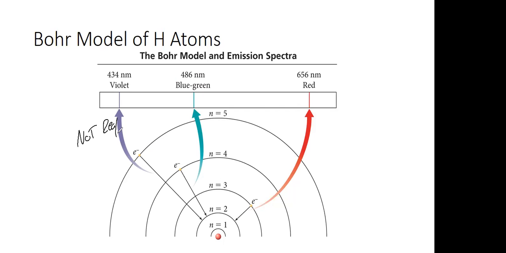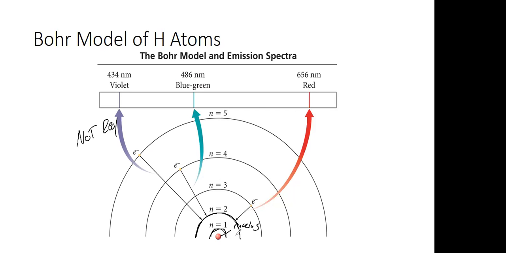But what the Bohr model of the atom is that in the center, you have your nucleus. And around the nucleus, you have these rings. Almost like the sun is our nucleus and the planets around the sun are our rings.